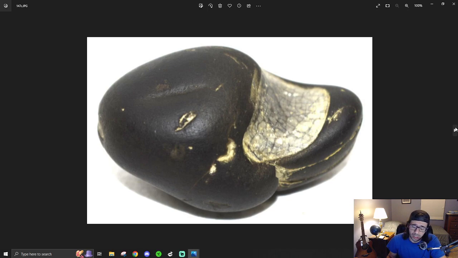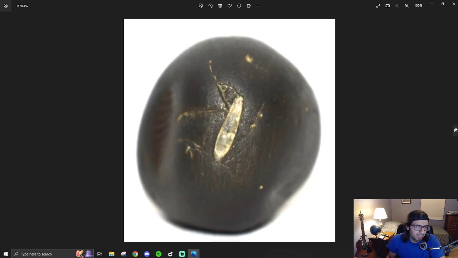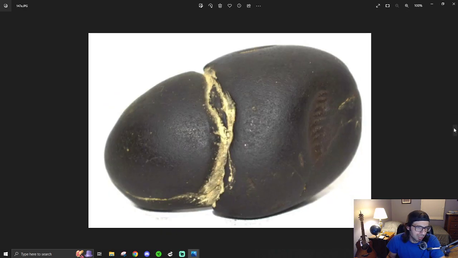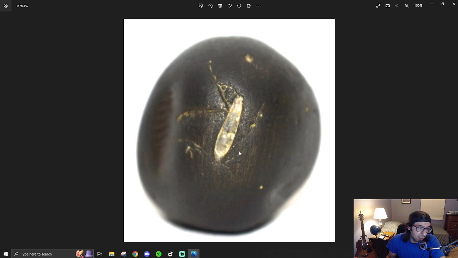Okay. This one, as cool as it is, I don't know what to make of it. It also looks kind of like one of those Dutch shoes or something. I'm not sure which location I'm thinking of, but this is the side of it. So there we see this feature. This is the back, opposite side of the chin, I guess.